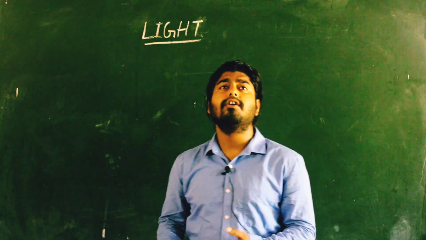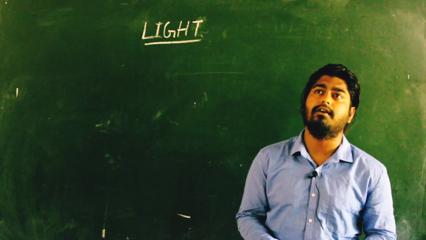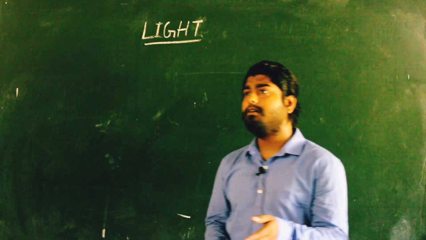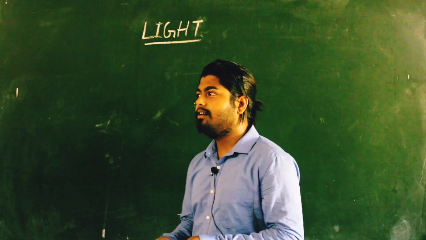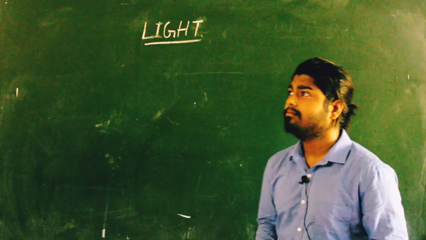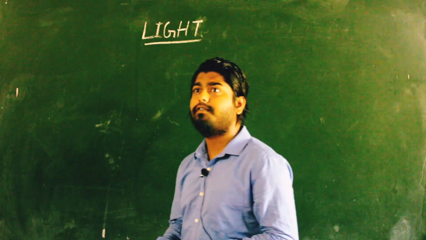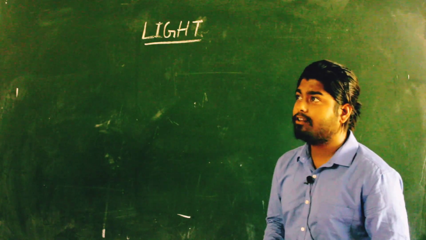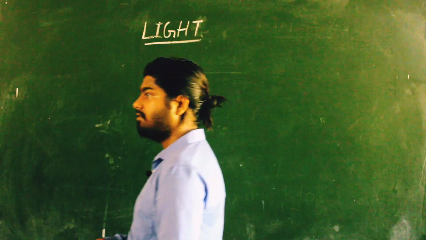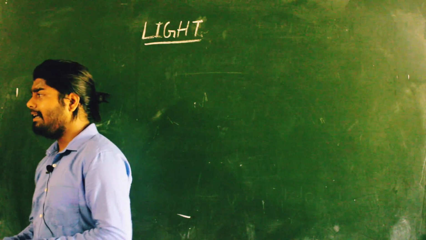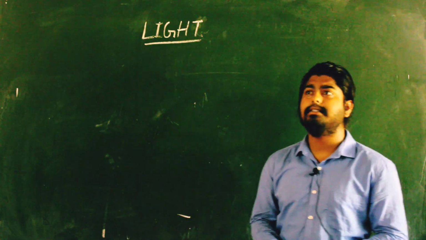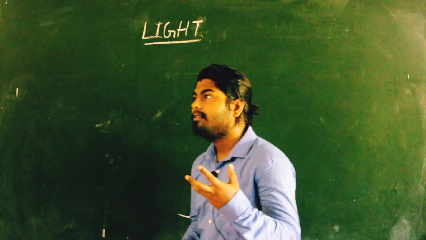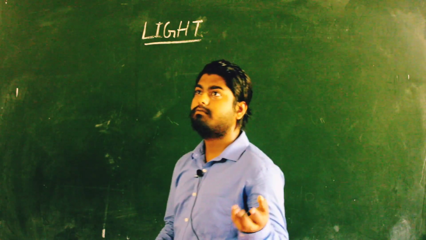Then later, a lot of different scientists gave their own theories. Among them, there was Maxwell. His equation was devastating for the field of physics, and he thought light is a wave. Then later Einstein came and proved that light is a collection of photons.